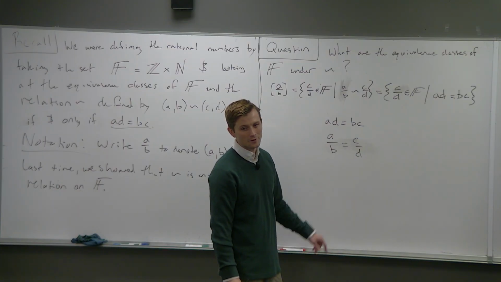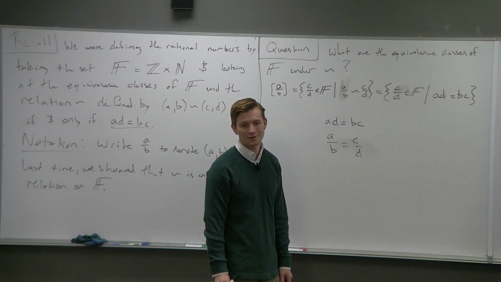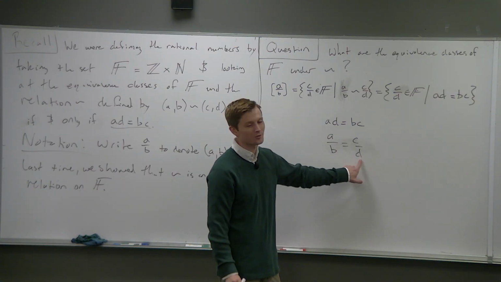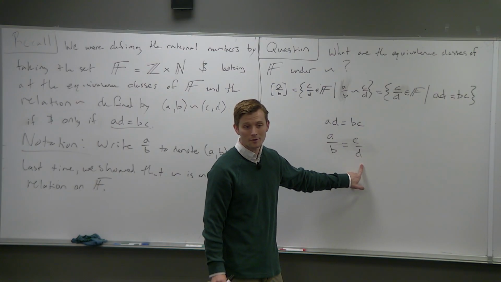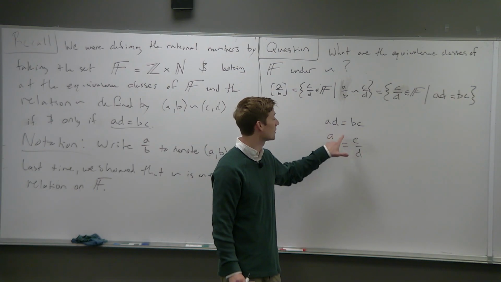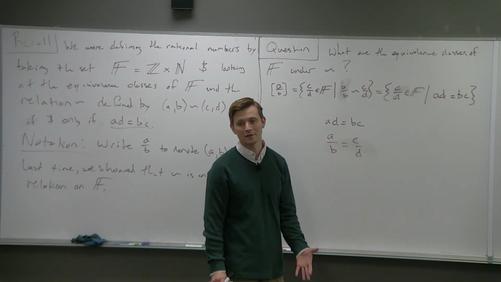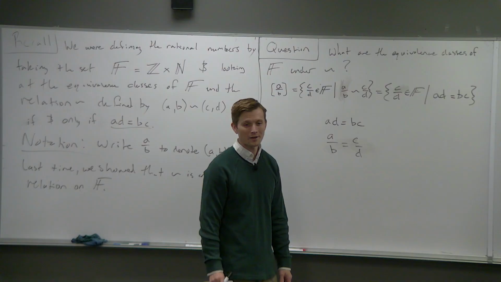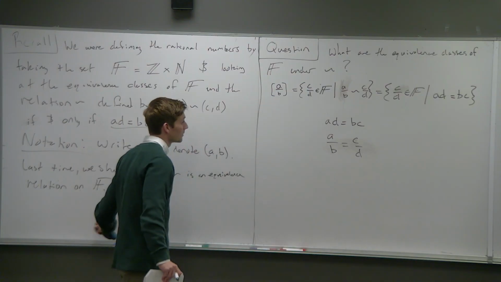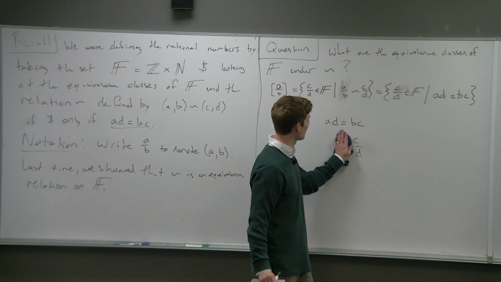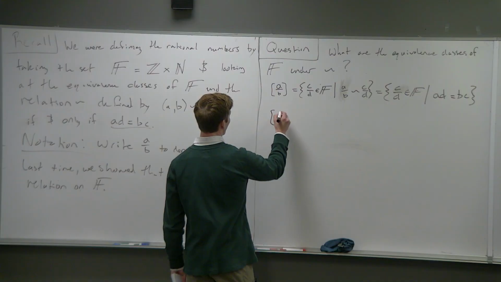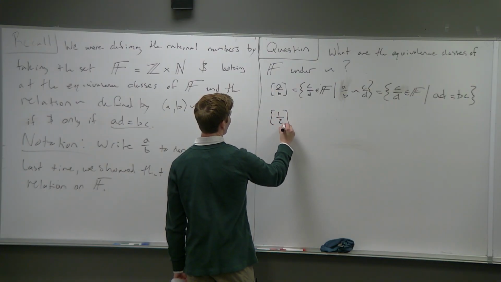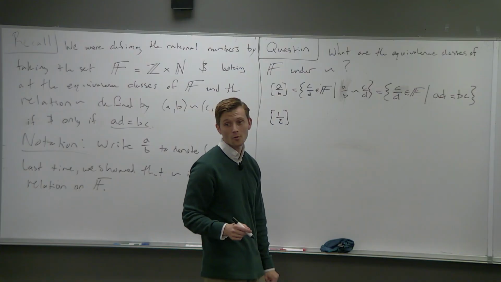If we tried to define which fractions are the same by saying, well, it's the ones where the fractions are the same, that'd be a little bit circular. So we're going to use something simpler, like multiplication, to describe when fractions are the same. It's an equivalent way of writing it, but it doesn't use fractions. Okay, cool. So the equivalence classes are all the equivalent representatives of a given fraction. So, for example, what is the equivalence class of 1/2? That is the ordered pair 1, 2.